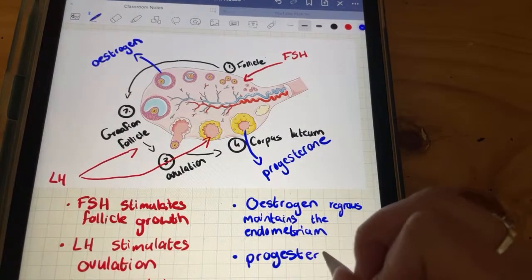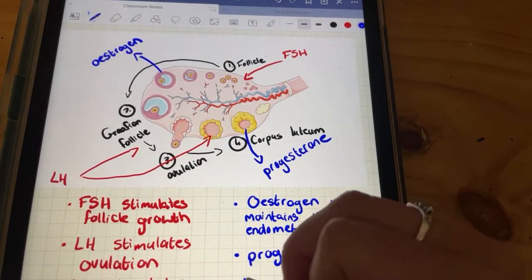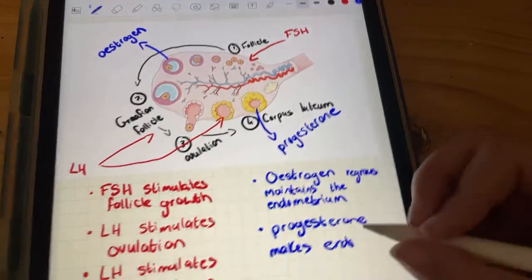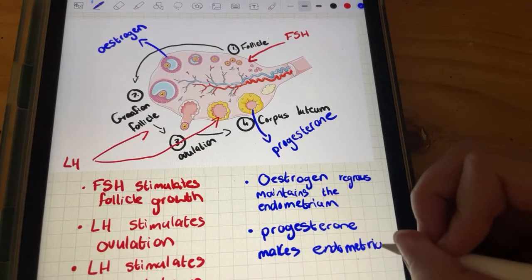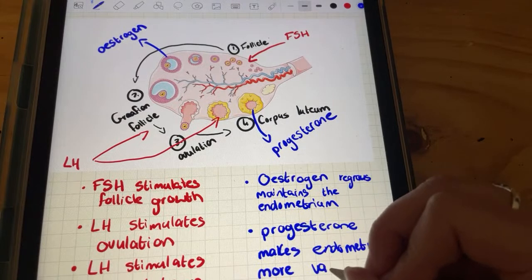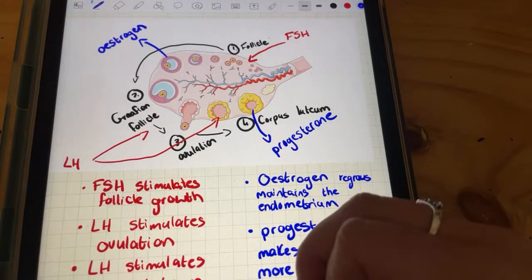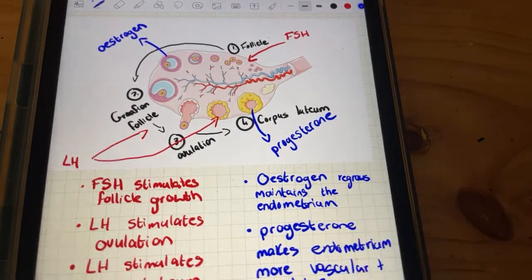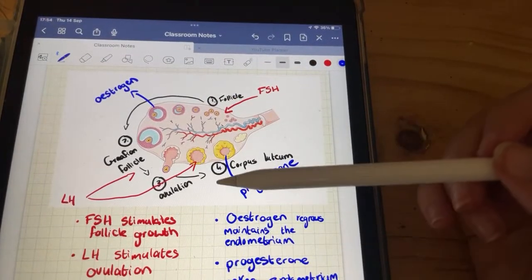Progesterone makes the endometrium more vascular and glandular.